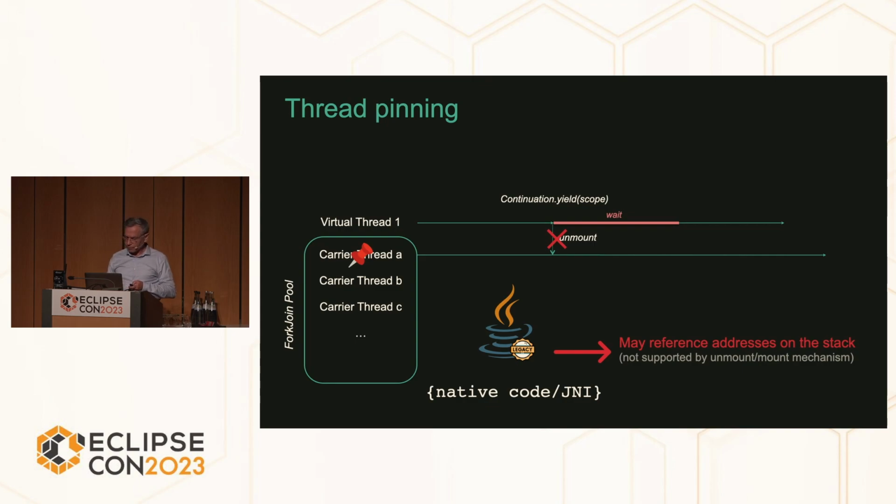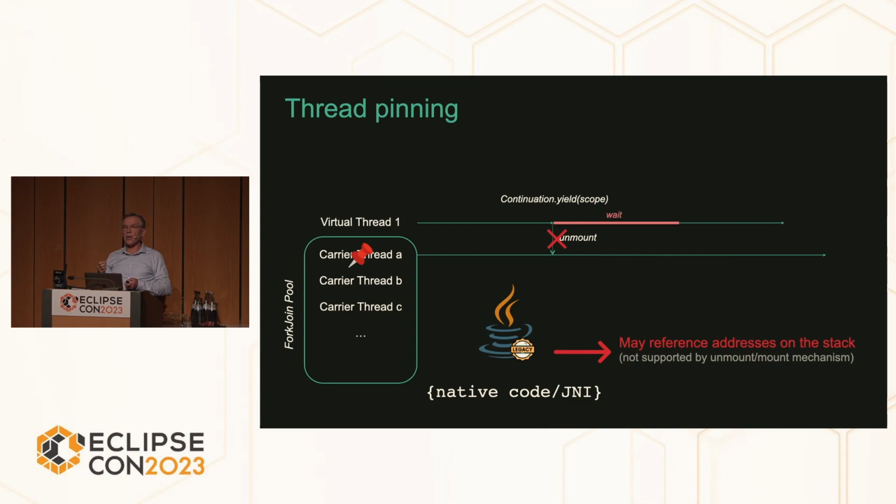Okay. In some situations, the virtual thread cannot be unmounted from its carrier. When calling Continuation.yield, the unmount doesn't happen. This is the case when calling synchronized code, in a block or method.